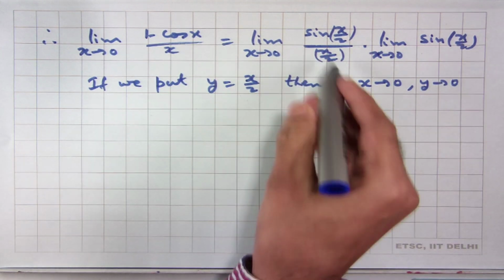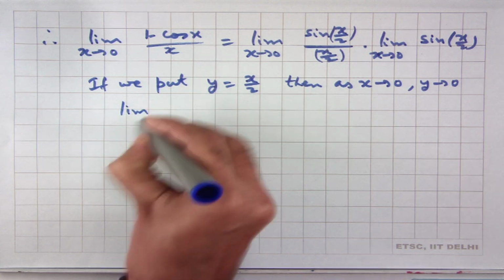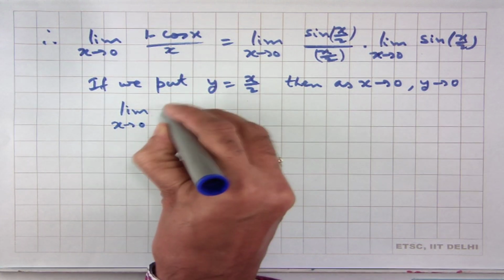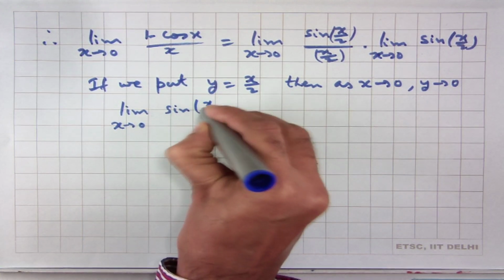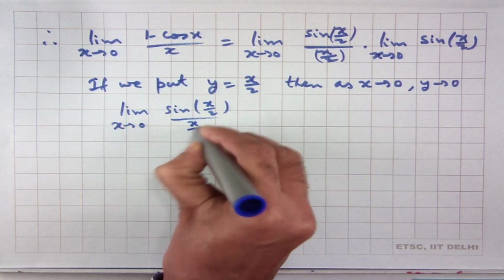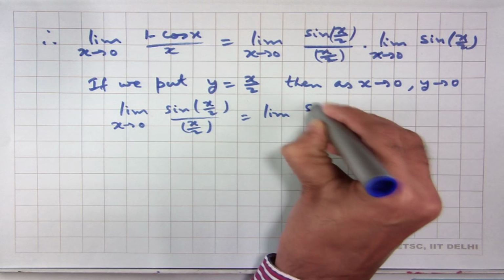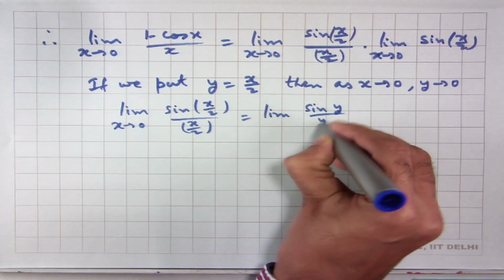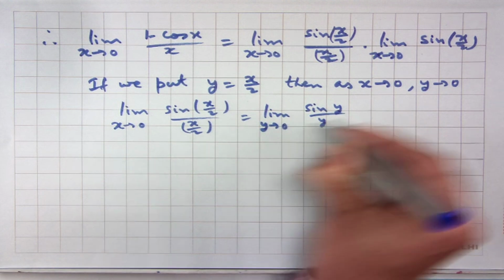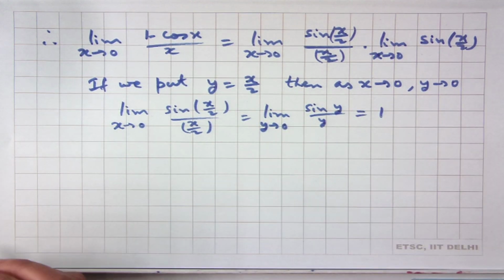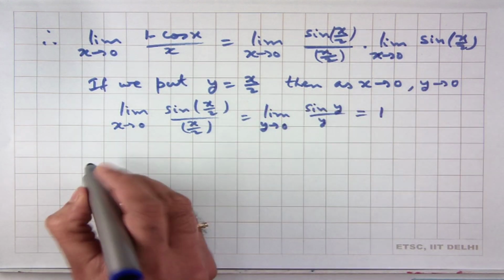So, therefore, this limit of sin x by 2 divided by x by 2 is equal to limit of sin y by y, where y is approaching 0, and this limit we know is 1.